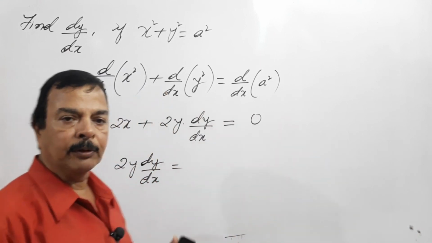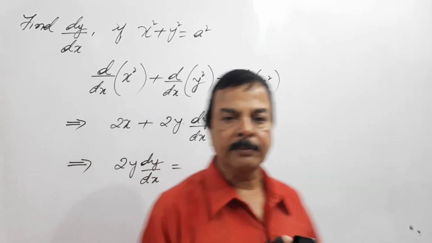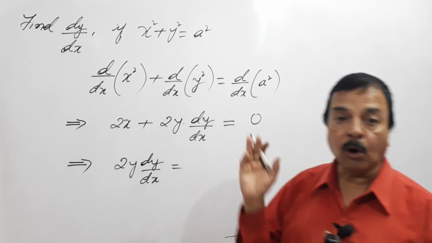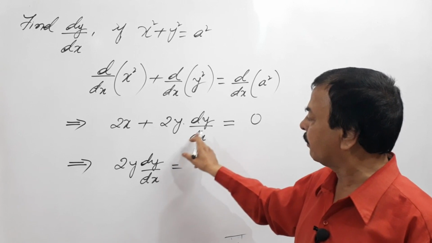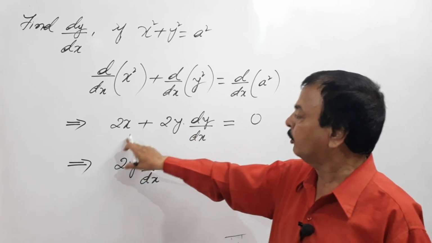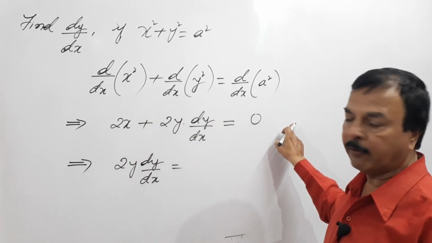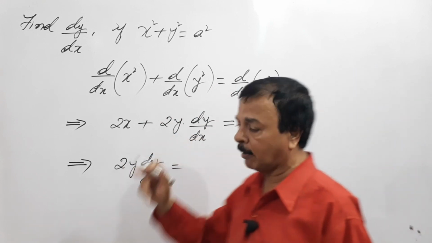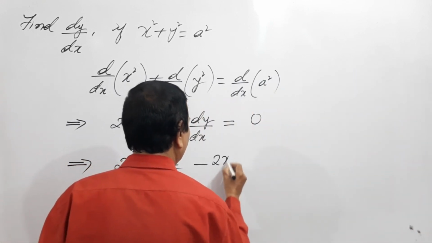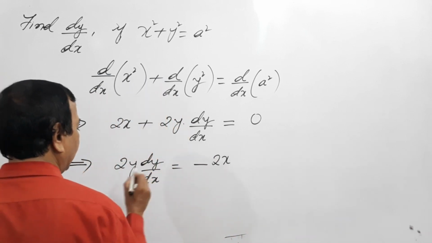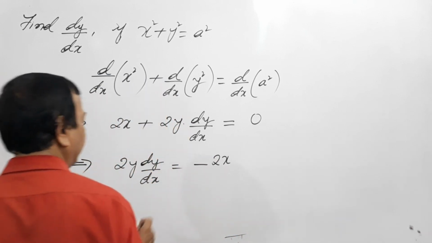Here we have to keep the dy by dx terms on one side and the remaining non dy by dx terms on the other side. So I am retaining dy by dx on the left hand side and sending the non dy by dx terms to the right hand side. So this becomes minus 2x. Done.